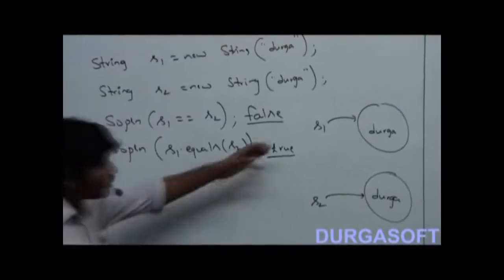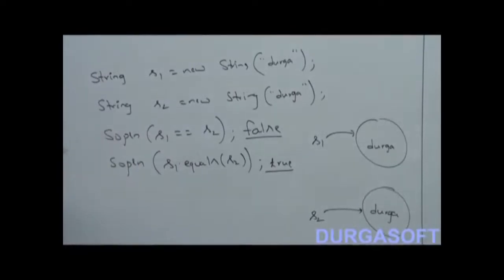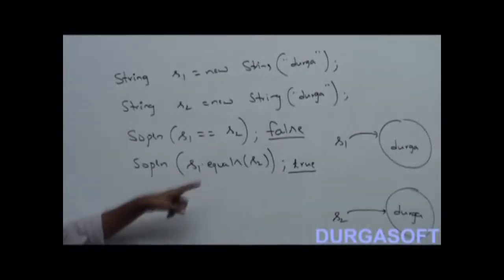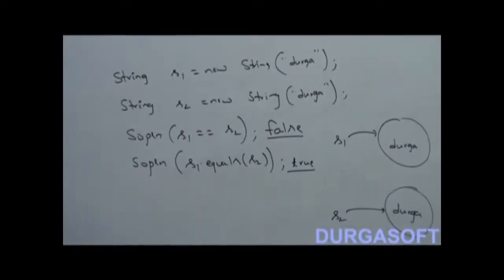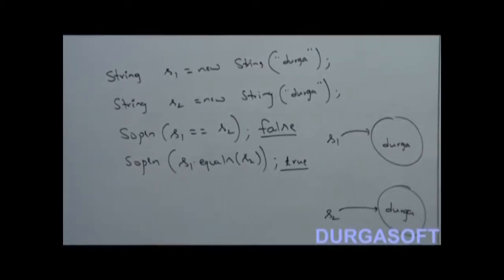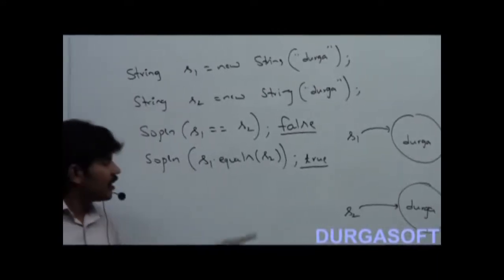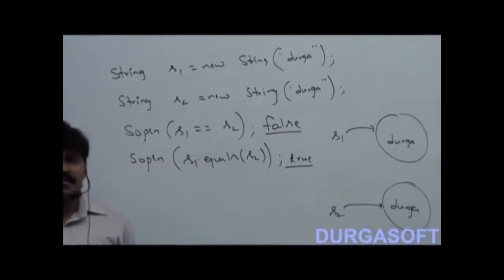But S1 content and S2 content are both the same. Content wise both objects are equal, even though they are different objects. That's why the dot equals method returns true. Is it clear, right? So the double equal operator is meant for reference comparison, the dot equals method is meant for content comparison, right?